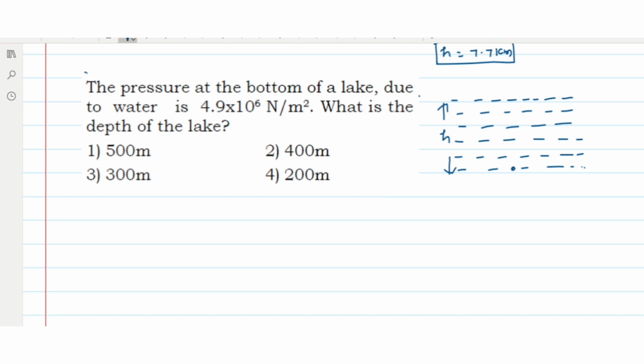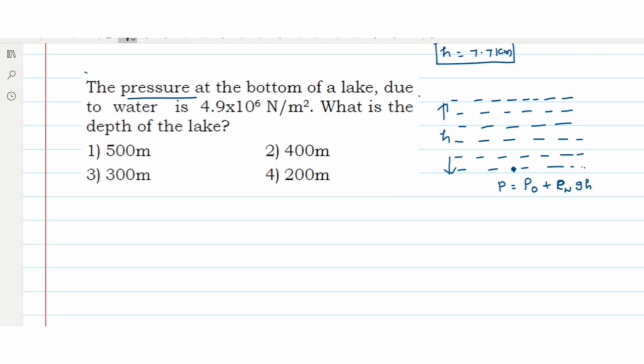We know the formula for the pressure at the depth: P equals the pressure due to the atmosphere plus the pressure due to the water, where the pressure due to the water is P equals rho into g into h.